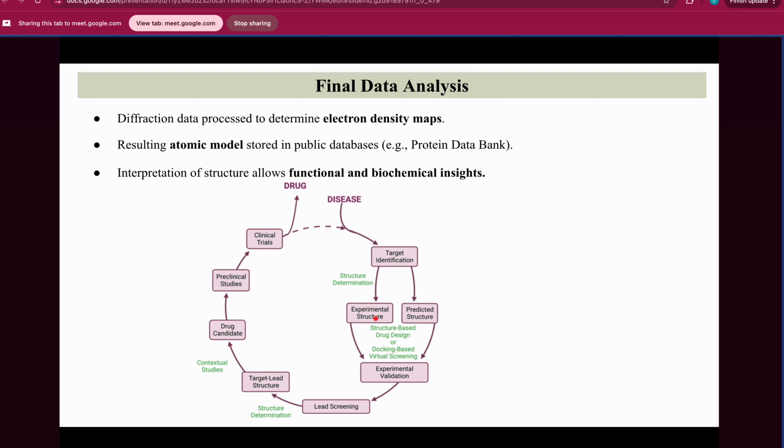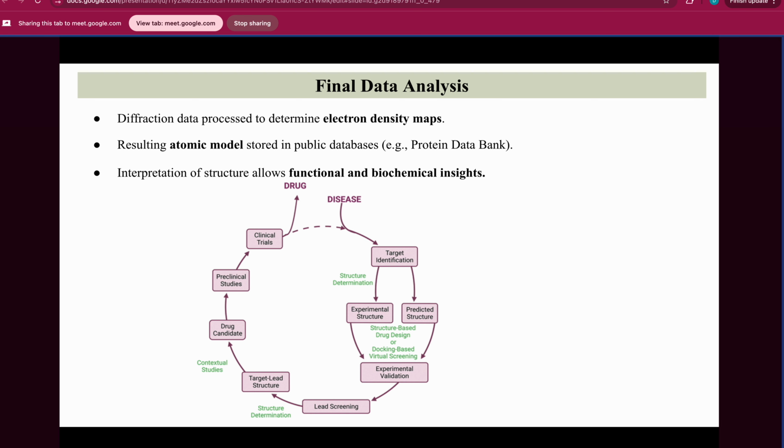So the predicted structure and the experimental structure can be compared. Experimental validation can be performed for the predicted structure, and then we can do lead screening. So a lead simply means the protein which is responsible for a certain disease, so that acts as a lead, and then we target the lead structure. That particular lead is a bigger molecule, so in that we need to find the target for which we design the drug.